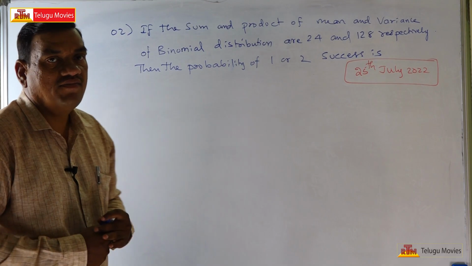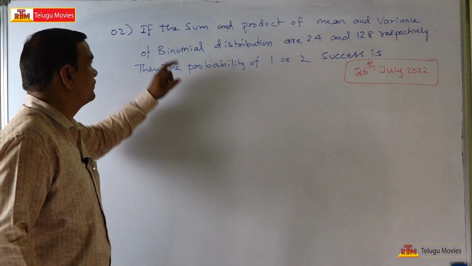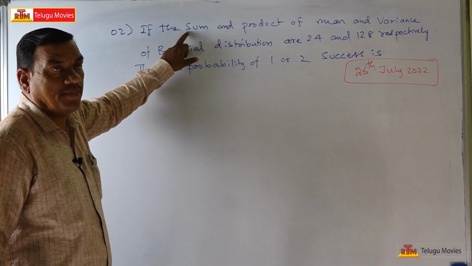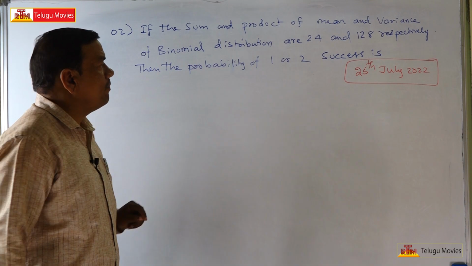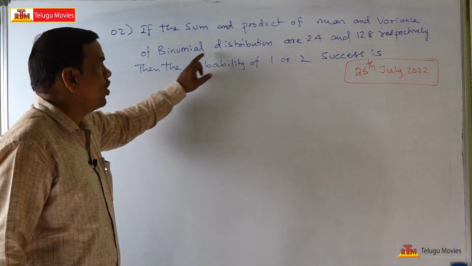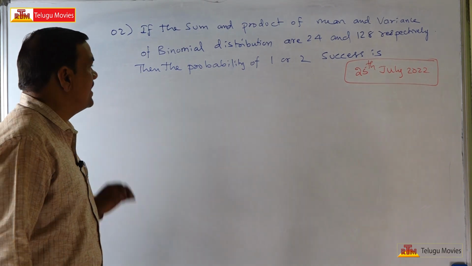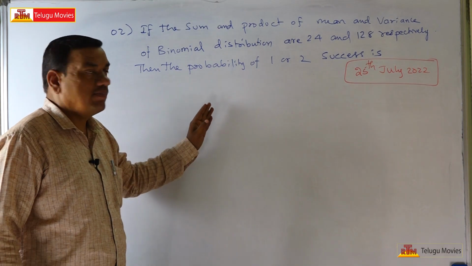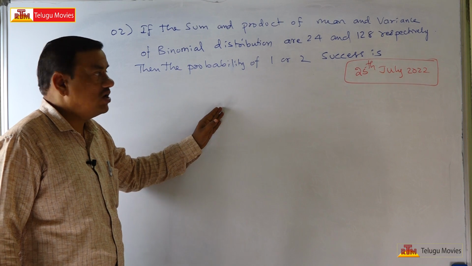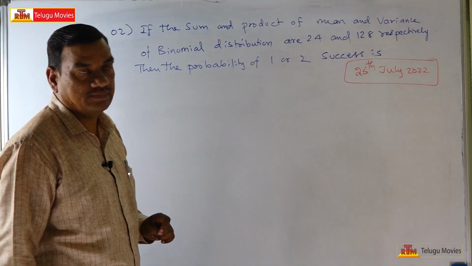Dear students, welcome to second problem. If the sum and product of mean and variance of a binomial distribution are 24 and 128 respectively, then the probability of 1 or 2 successes is.